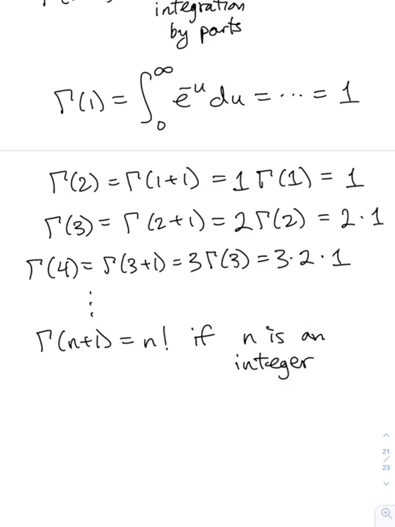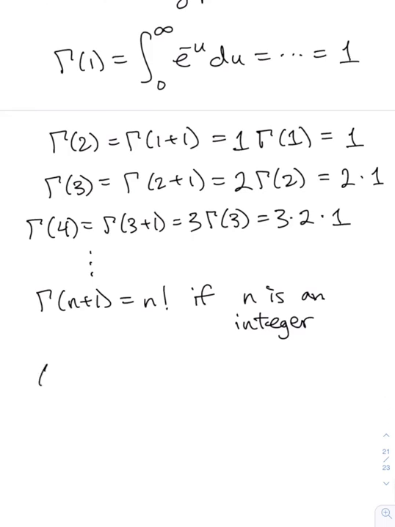Let's see here. One more thing that you can use. I'm not going to go over deriving it, but you will need to use the fact that gamma of 1/2 is equal to the square root of pi. And this is not beyond what you can do or what you could understand. If you look in the book, there's an exercise outlining how to derive that.